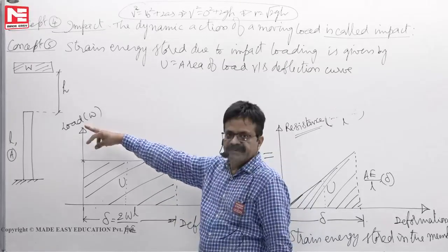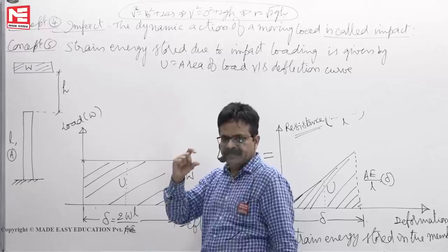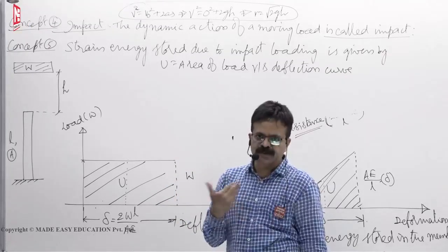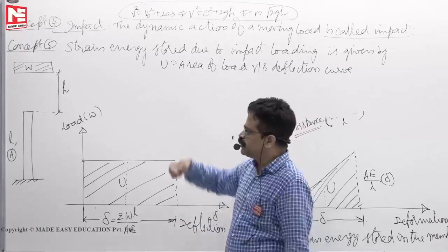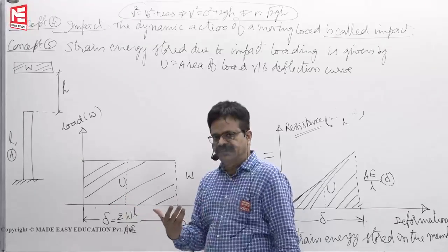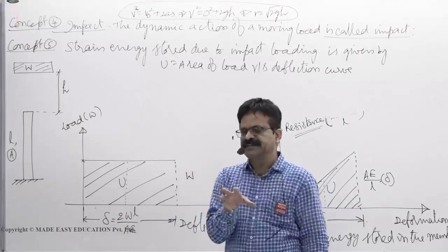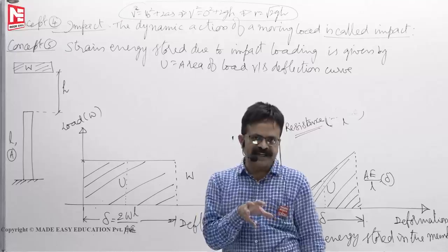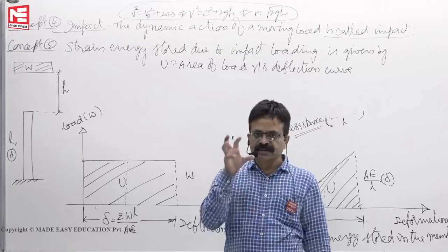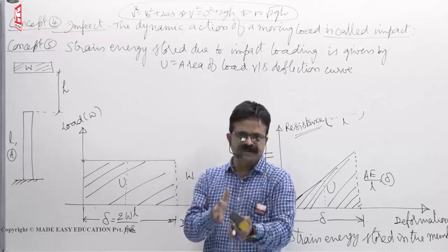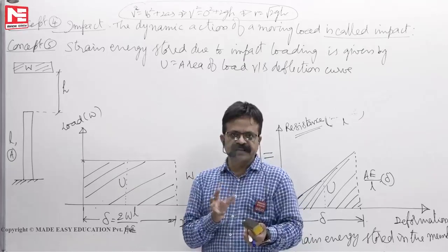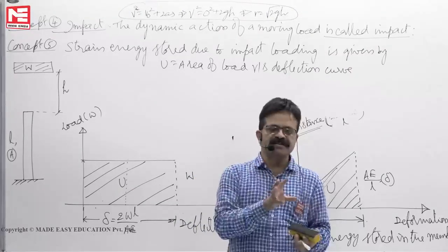In this case, when you apply the load with impact, this deformation is more than 2WL by AE. Stress is also more than 2W by A, because it has some additional dynamic effect also. In steel structures you will learn that to account for that additional effect because of the dynamic action, the IS 800 gives you the impact factors. Those impact factors, if you multiply with the load, you will get the equivalent effect of a static load.